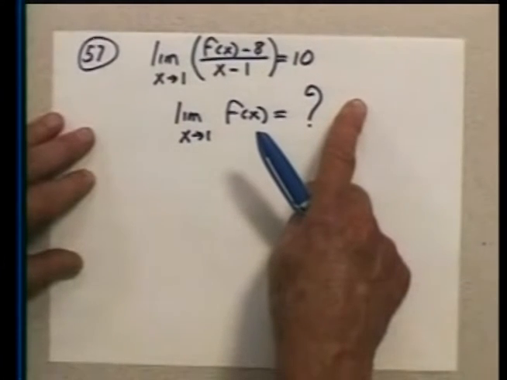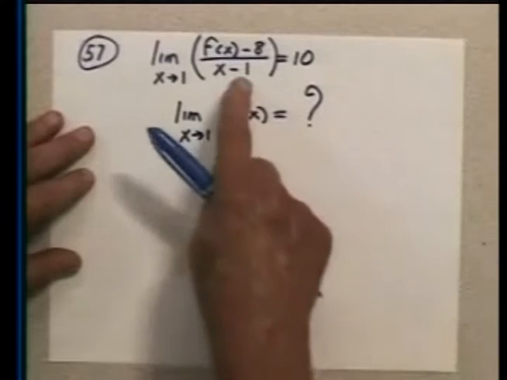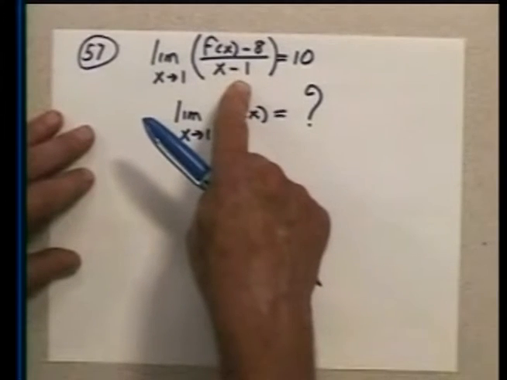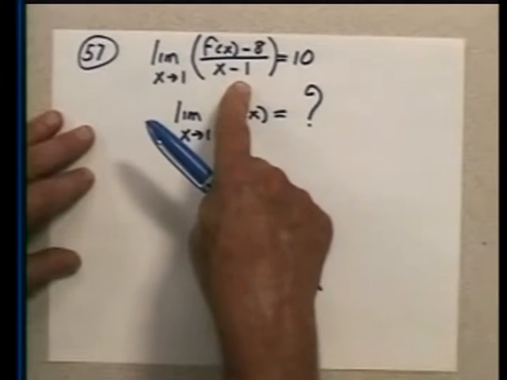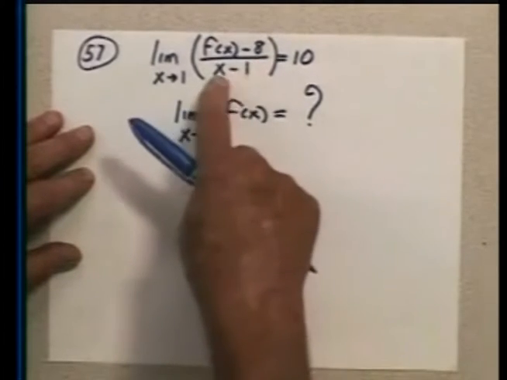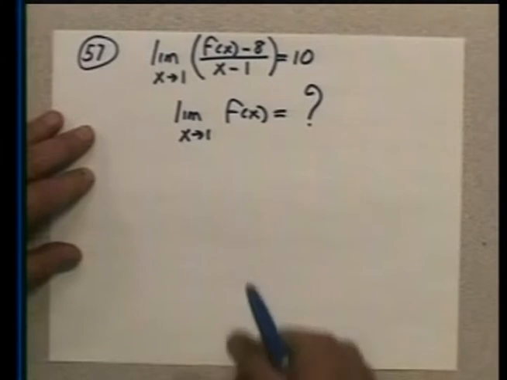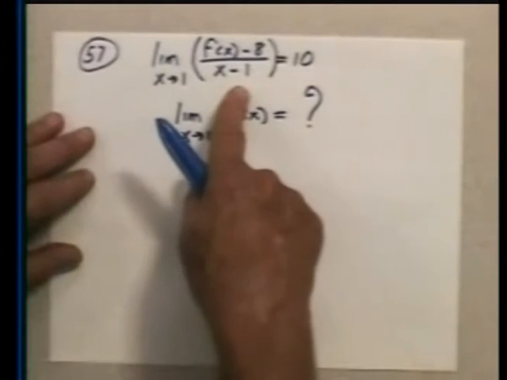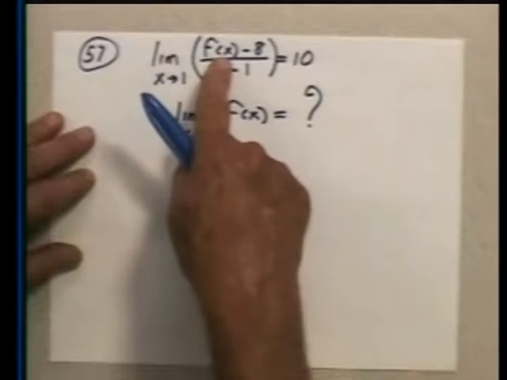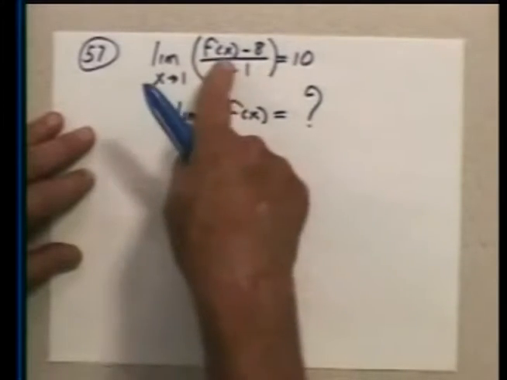Where's the problem? In the denominator. I end up with division by 0, right? But how do we typically get rid of that expression in the denominator? Yeah, we try to get another factor on top so it'll cancel. Trouble is, if I don't know what f(x) is, I don't know how to factor it.